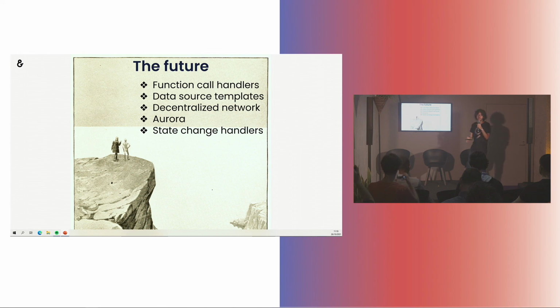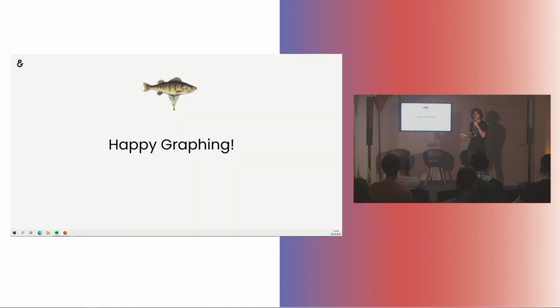But as you saw, in our architecture, any trigger that you can pull off a block, any data that's there, if the Near indexer exposes it and the Firehose can pull it out of the block, it's a very extensible interface. So you can give us feedback on what types of triggers you'd like to see in Near subgraphs. And that's it. Happy graphing.